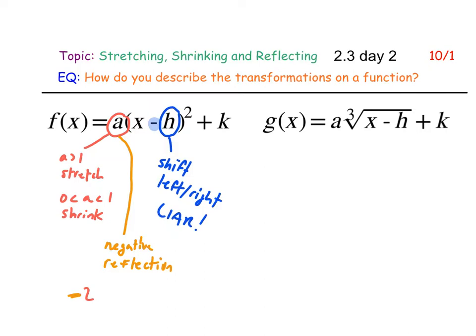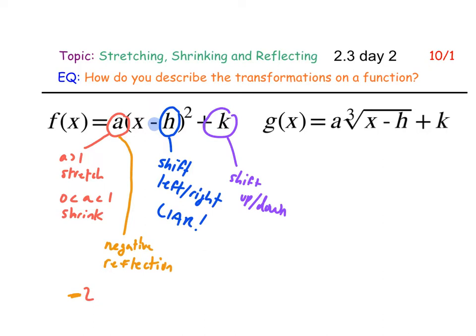And then the K, we trust this guy. These are up and down shifts. So it's the same thing whether it's a cube or a square, so we have parentheses, or if it's a cube root or a square root, or we have a radical.